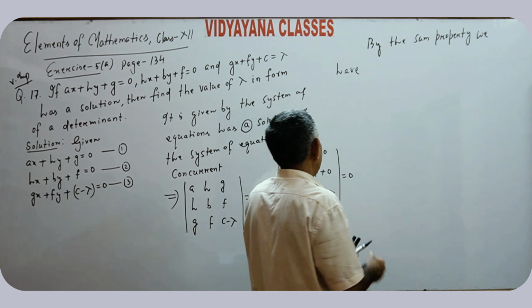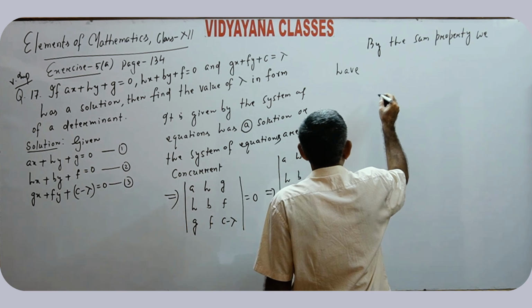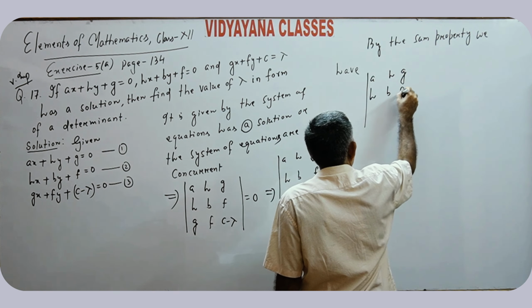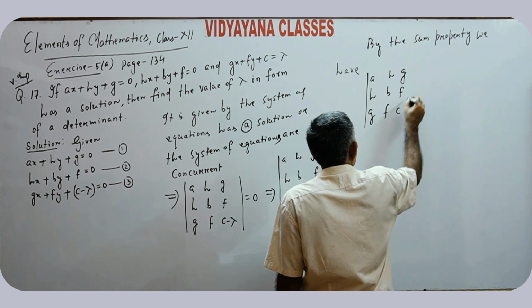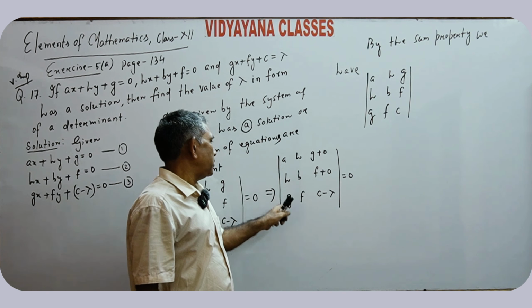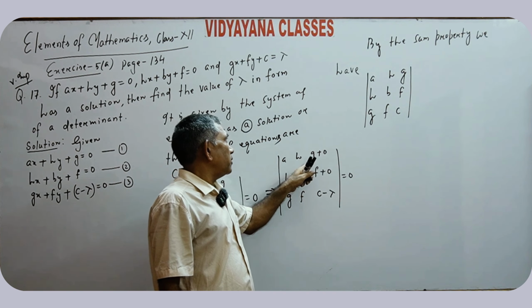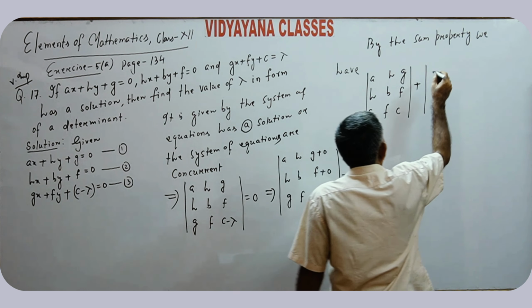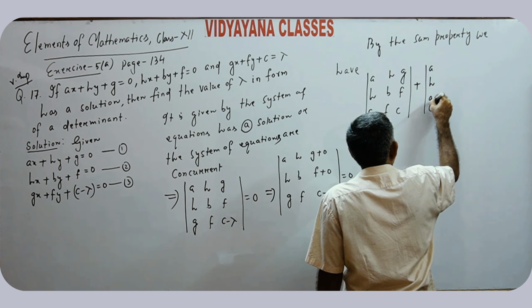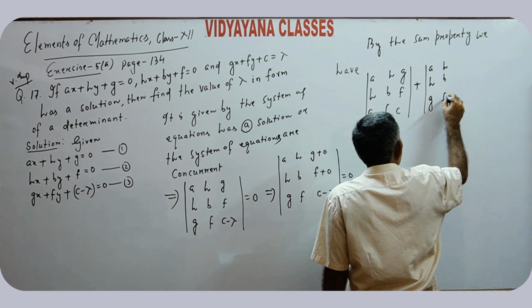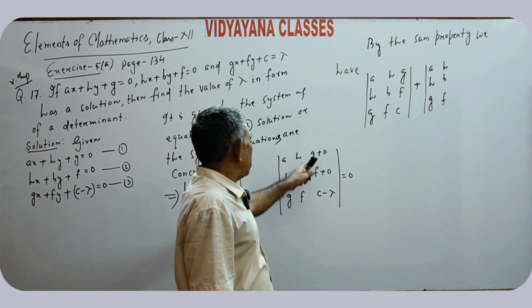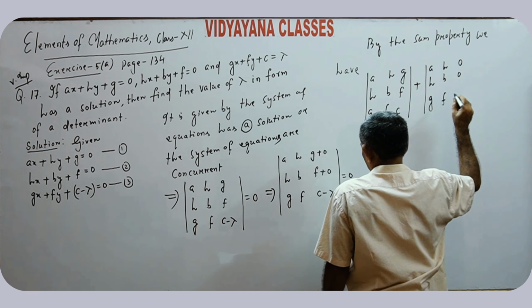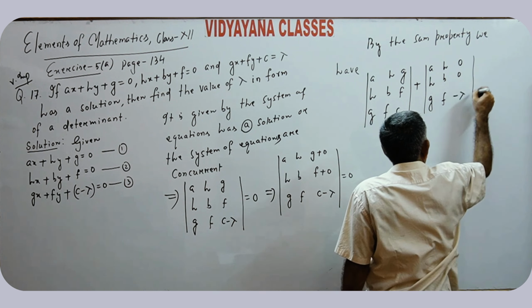By the sum property, we have determinant AHG, HBF, GFC plus determinant AHG, HBF, 0 0 minus lambda is equal to 0.